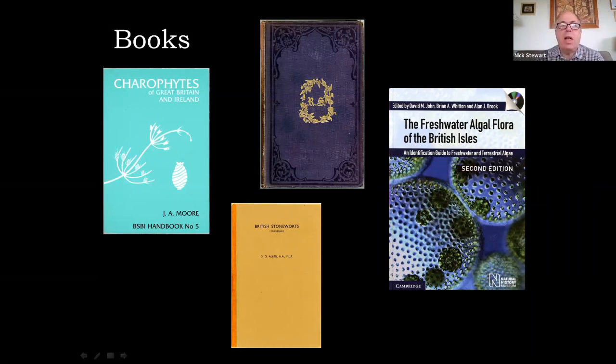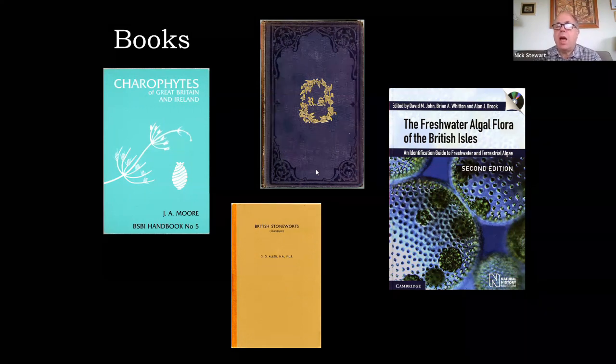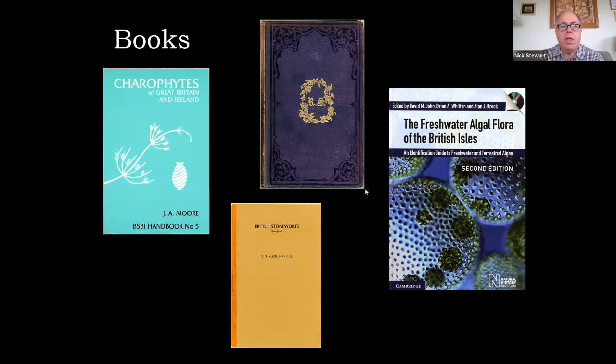And it has changed very little since, except that during the 1960s somebody came along and did a world monograph on stoneworts, and completely changed the taxonomy and started lumping things together in a big way.